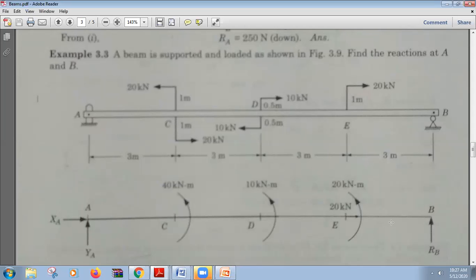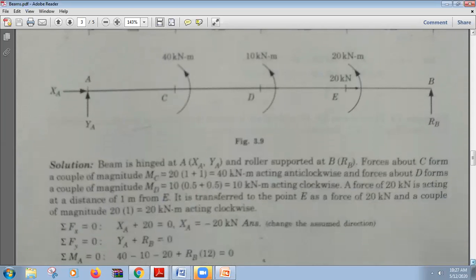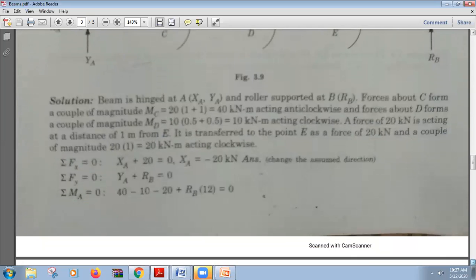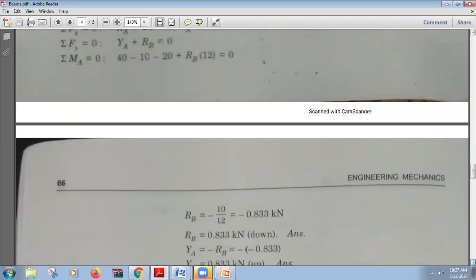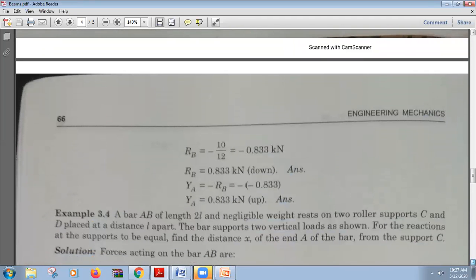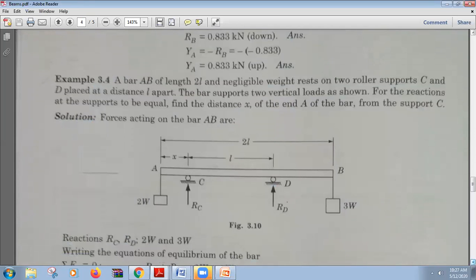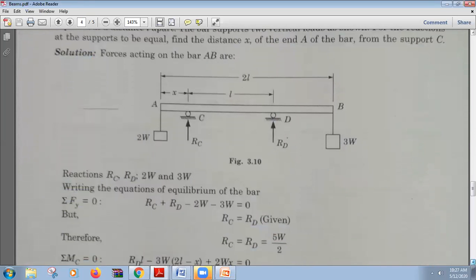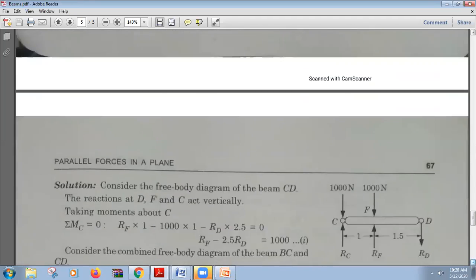So very good example. So you can check yourself. Here is example. So this way you have to find the solution yourself, and if you are not able to solve, you may get in touch with me and call me. These are very simple problems that I have given. This is just to understand the basic idea of types of beams and their loading.